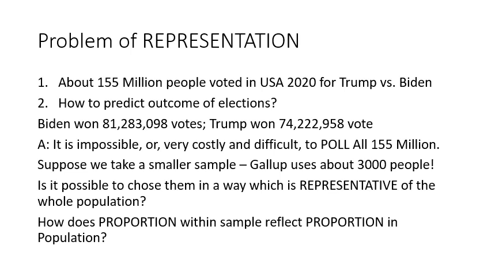We take a smaller sample. Gallup uses about 3,000 people. How can you learn what 155 million people are going to do by studying 3,000 people? This seems to be very strange, very surprising, almost impossible.